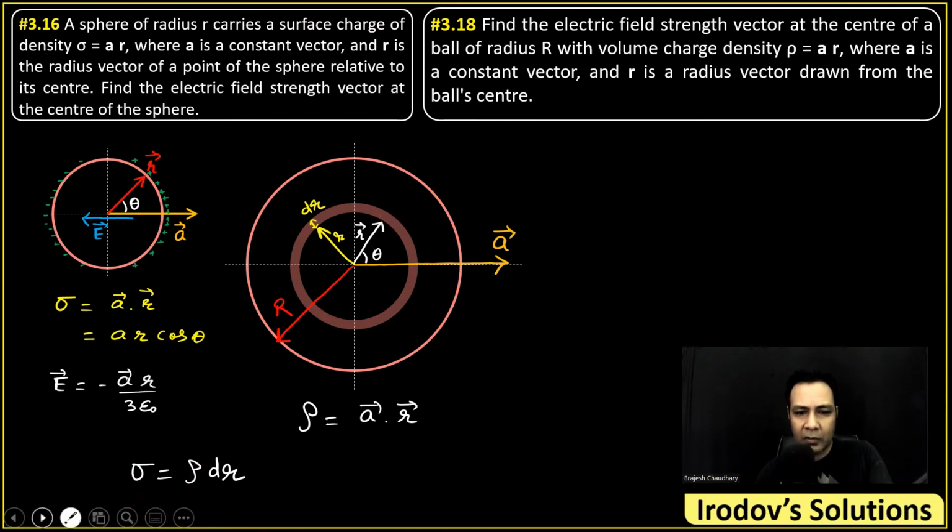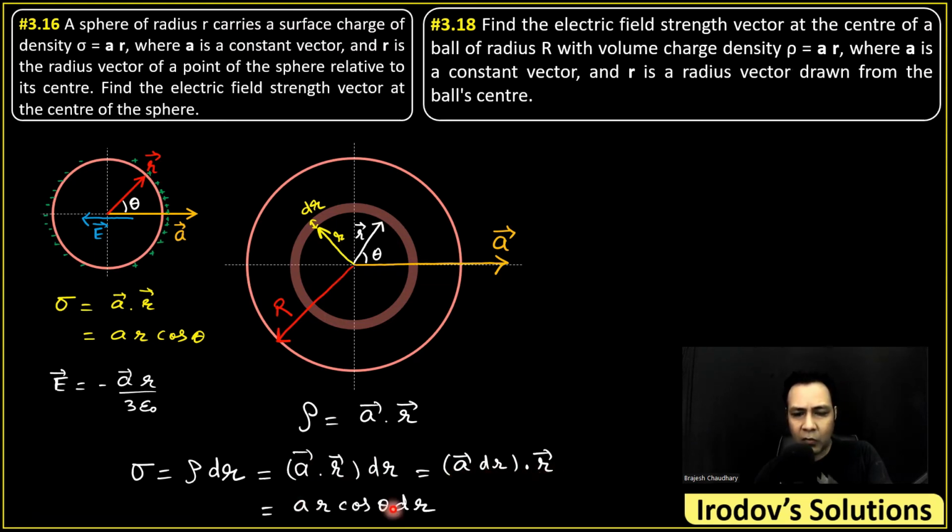Then we put the value of rho, a dot r, and dr is there. I have just rearranged that and taken dr inside the bracket, so that is a dot r dr, and this can be opened as a r cos theta dr.